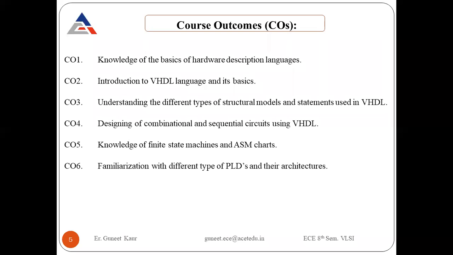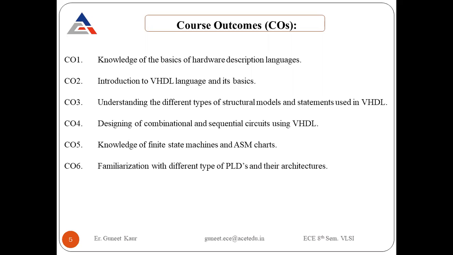Hardware description language means hardware means we are using some physical device or the specification of physical devices like number of inputs, number of outputs.